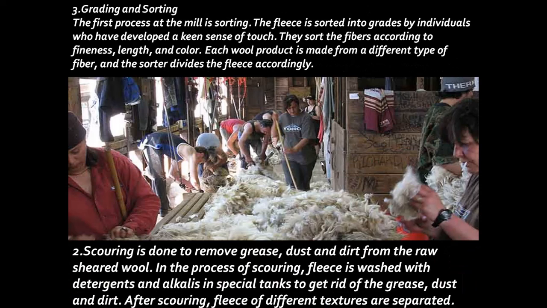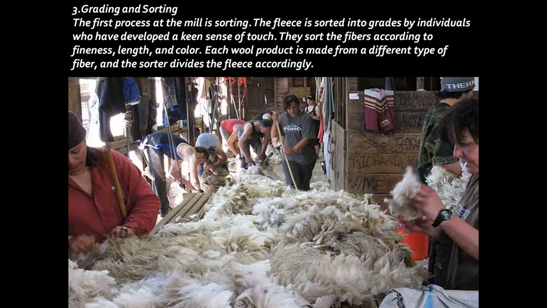Now let us move on and understand the third step. The third step is grading, also called sorting. This is the first step that is done in the mill. The fleece is sorted into grades by individuals who have developed a keen sense of touch. Some special people, those who have a keen sense of touch, are employed to do this grading and sorting.